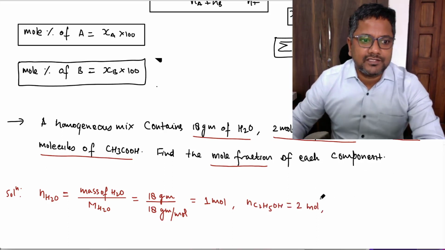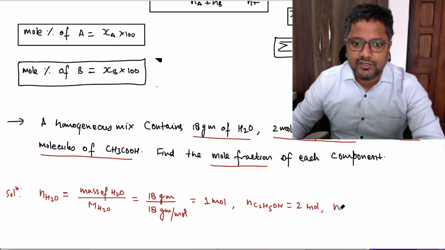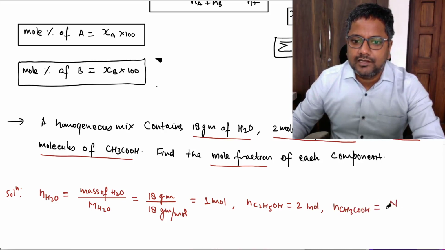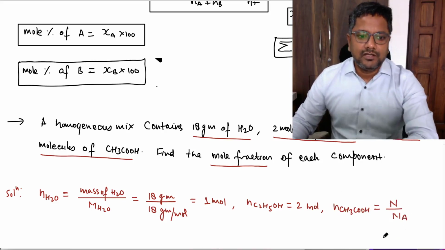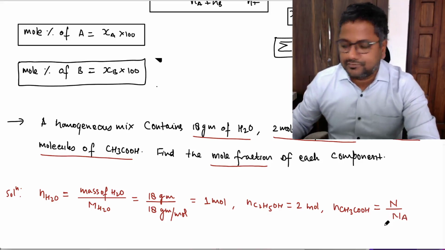Now moles of acetic acid, CH3COOH. So you have the formula N by NA. Any number divided by Avogadro's number will give you the number of moles.